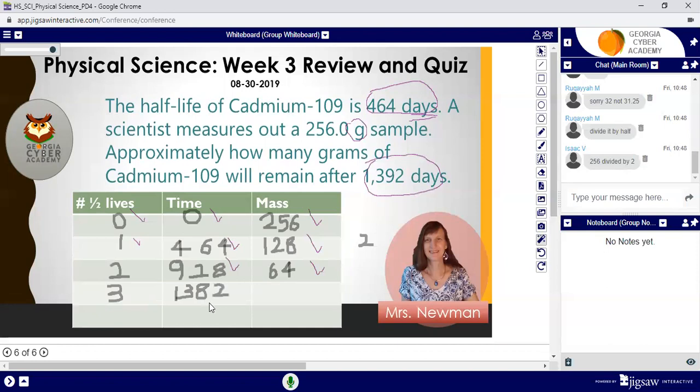You're close. This was a 2, it was 928, and so it's 1392. That was actually, let me get my pencil. This was actually a 2. I thought it was a 2 on there, but it's 464 plus 464 is 928.